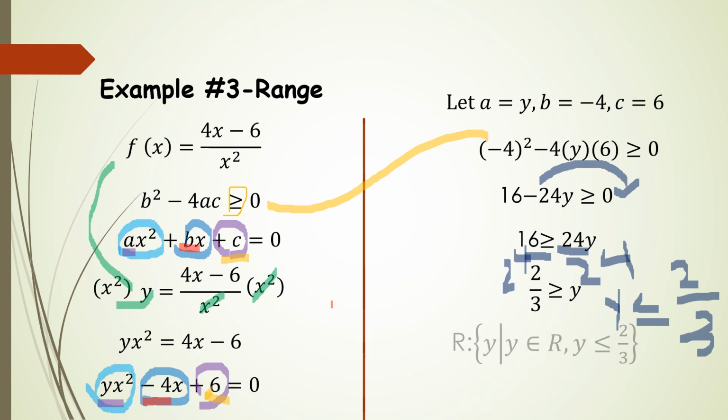3. Thus, ang range natin ay y such that y is an element of real number wherein y is less than or equal to 2/3. Sa interval notation naman, we have negative infinity, 2/3. So, isang parenthesis and bracket ang gamit natin since ang 2/3 ay kasama sa solution.